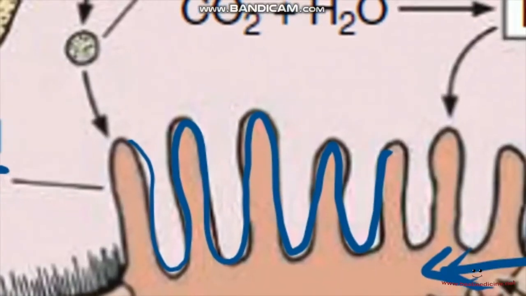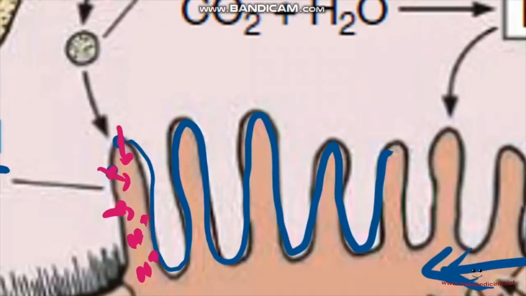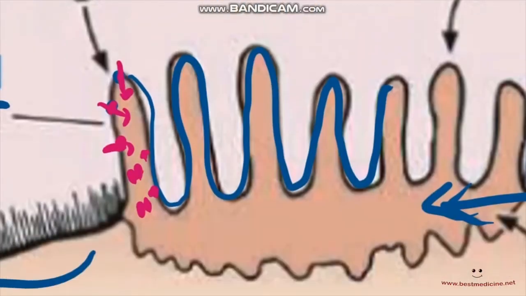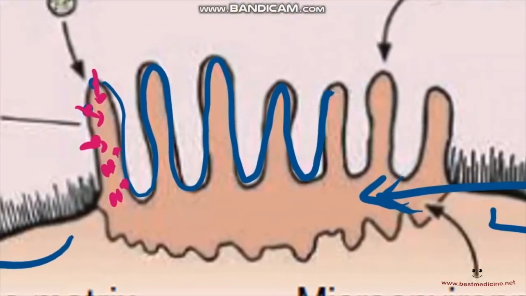But what happens is that inside this ruffled border, there's actually some pumps that are pumping protons into this resorption cavity. So this resorption cavity, this house-shaped lacuna, becomes very, very acidic because protons are being pumped into the resorption cavity.